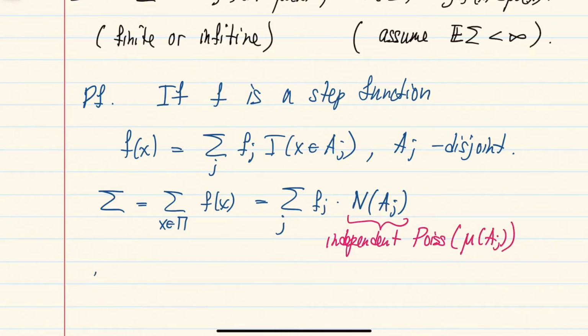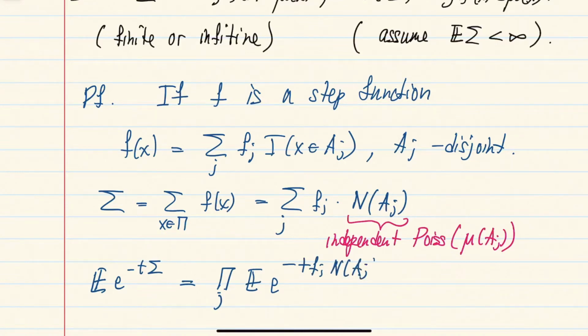So as a result, when we compute the Laplace transform of this random variable, by independence we can write this as a product over j of the expectation of e to the minus t fj times this Poisson random variable aj. And here we just have to recall the moment generating function or Laplace transform of the Poisson random variable.